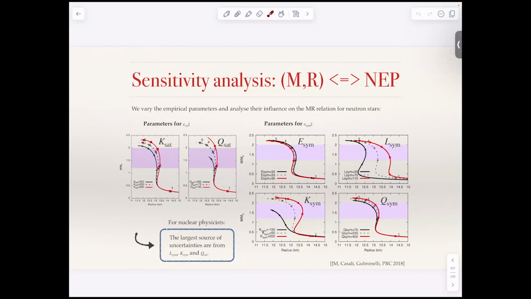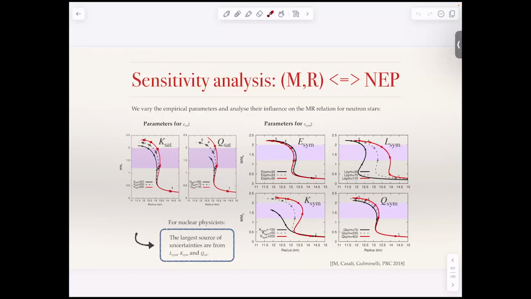And in a way, it is not very difficult to understand that, because the densities in a neutron star are not infinite. They are limited. You don't go to 40 times saturation density.